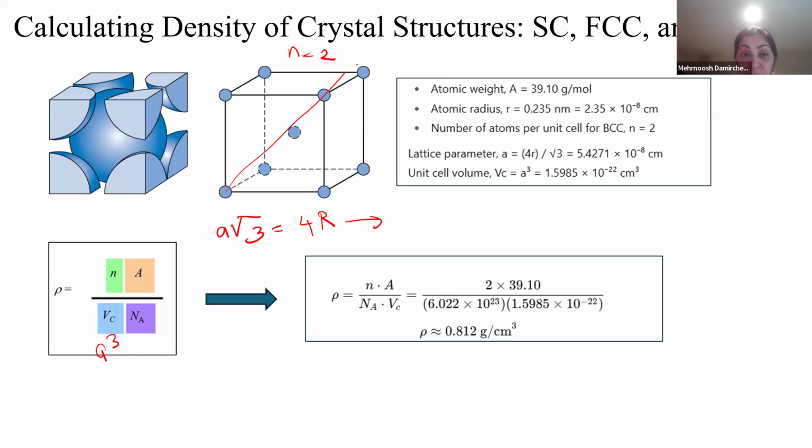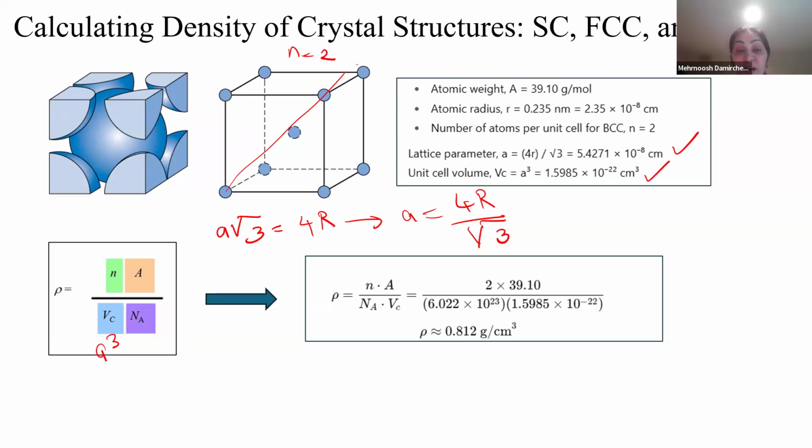So A is 4R per root 3. You read the atomic weight from the table. You read the atomic radius from the table. You find A is 4R per root 3 here. And then the unit cell volume or VC is A cube here.